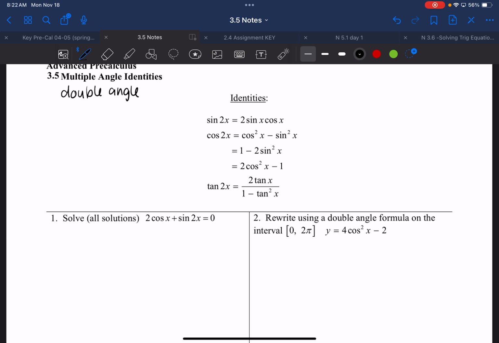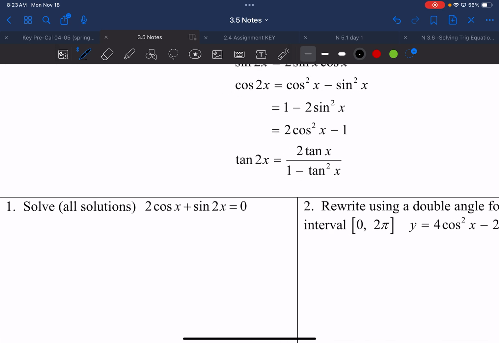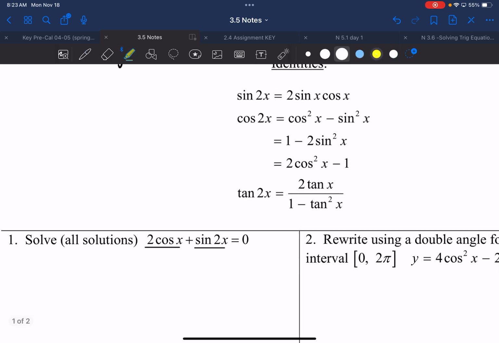So number 1 says to solve and come up with all solutions for 2 cosine of x plus sine of 2x. All right, so the way this is written, 2 cosine of x is not anything that can be replaced. But sine of 2x is something that can be replaced, right? Sine of 2x, if you look up here, is that very first identity, right?